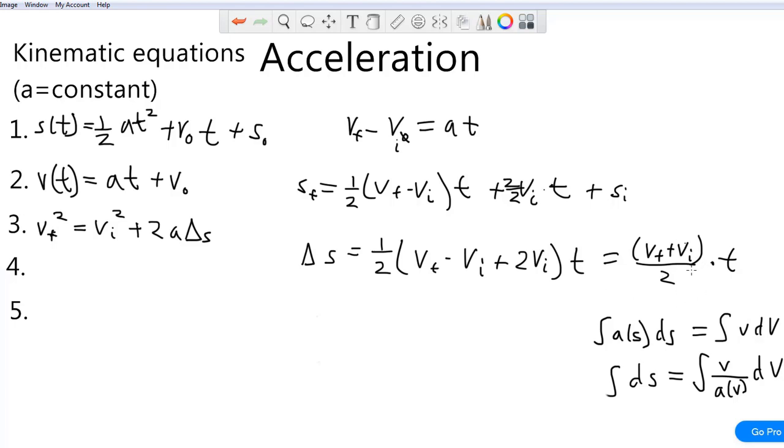This is almost like the average velocity times the time that you spent. So that's the next one: delta s equals v final plus v initial times time over 2. Let me erase this real quick.